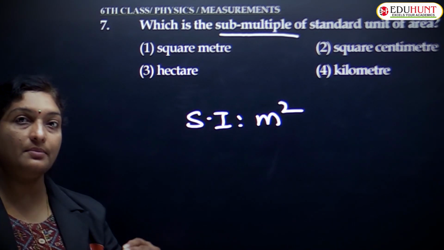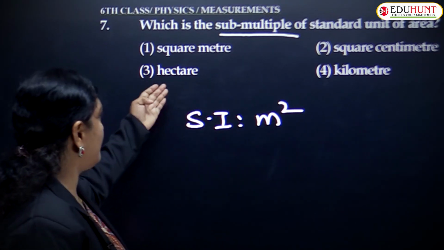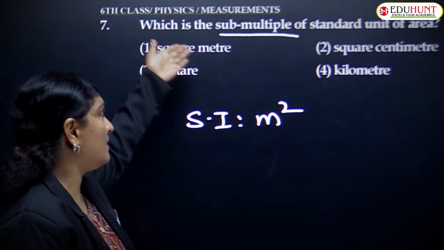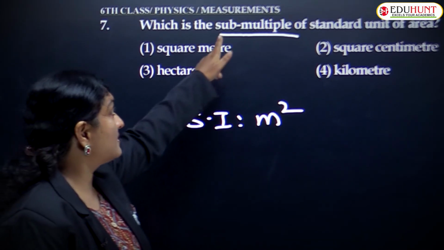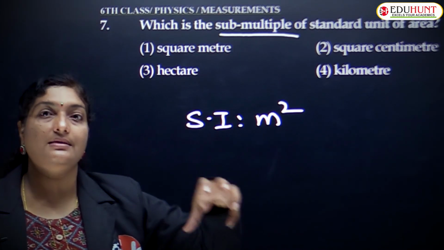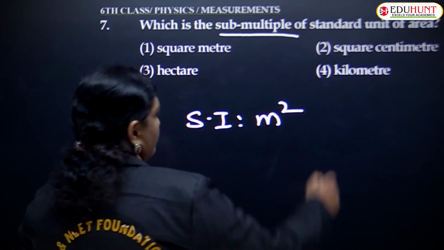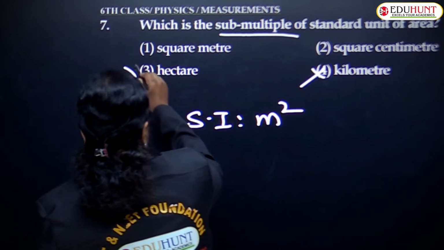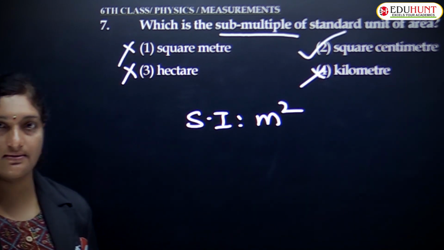Kilometer is a larger value, hectare is a larger value, square meter is itself the standard value. And what they are asking is the sub-multiple. Sub-multiple means lesser values. It is square centimeters.